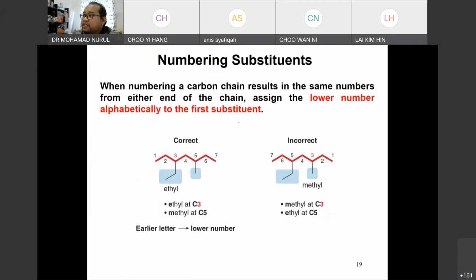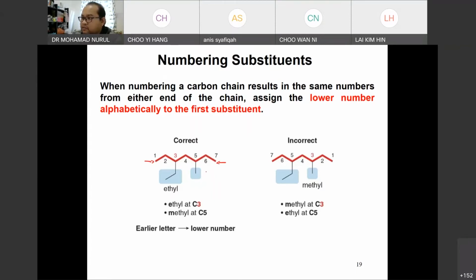And when numbering the chain results in the same low numbers, the tie is broken by alphabetical order of the first substituent. For example, this one has 7 carbons. We can start from here and from here, so there are two possibilities. We have three substituents, similar in both directions, with 5 and 5 in these positions.